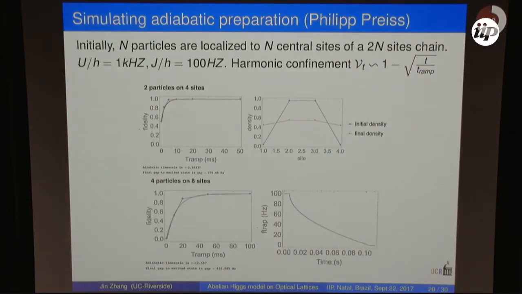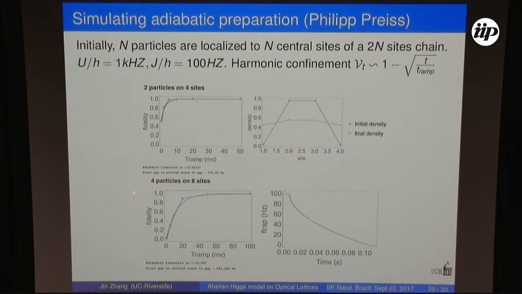So let's see the simulation. Here we use U is 1 Hertz and J is 100 Hertz. And the harmonic confinement decreases like this. We see that for 2 particles on 4 sites, it starts from here, and after several milliseconds, it will go to the ground state of this half-filling Bose-Hubbard Hamiltonian.